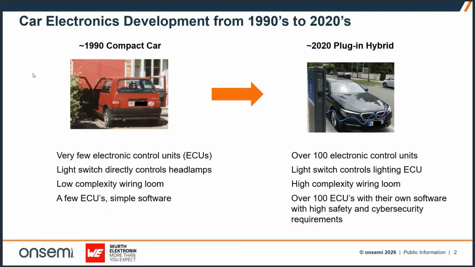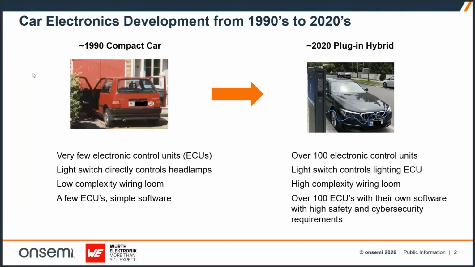That's caused quite a lot of complexity. So the wiring loom complexity is much higher. There are obviously reductions in complexity of some of the wiring, right? You have a lighting control ECU now driving the headlight directly rather than having the wire connecting directly. Otherwise, with those 100 electronic control units, you would have that.